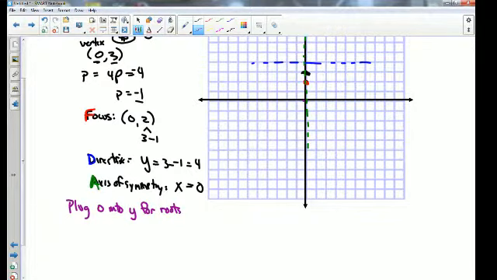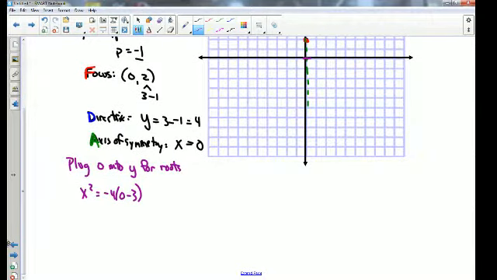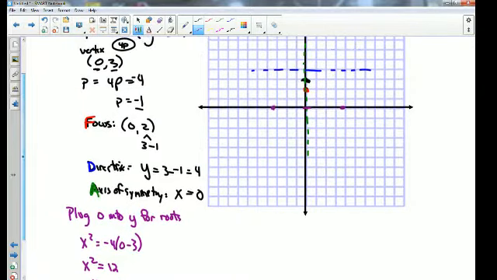It'll give me the x values that I need to find the roots. So x squared equals -4 times 0 minus 3. Positive or negative root 12. Anybody know what that is? So somewhere in this range will be our roots, and then we can finish.